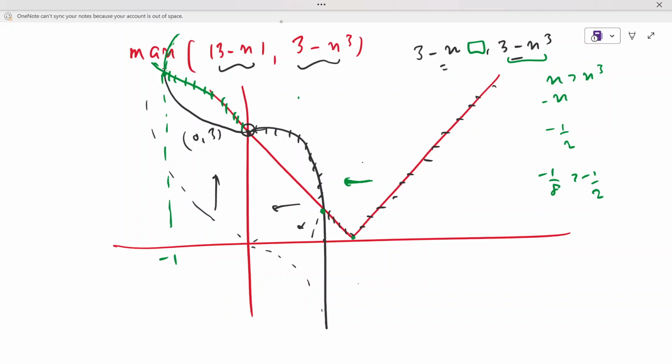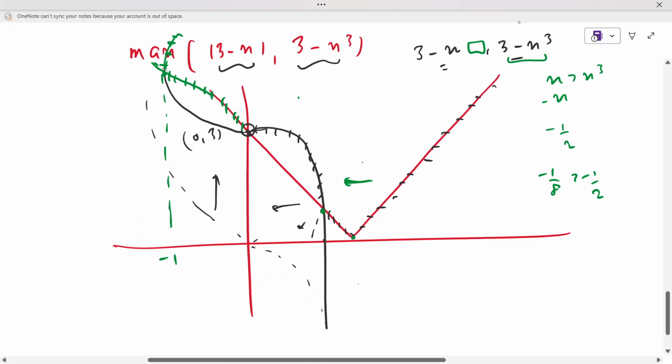After minus 1, this will have a more value, so it will be there after minus 1.